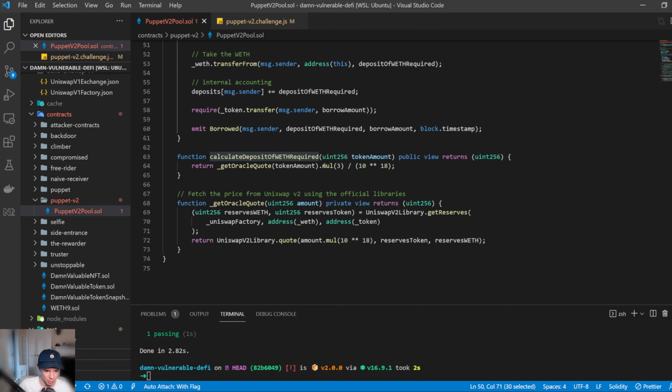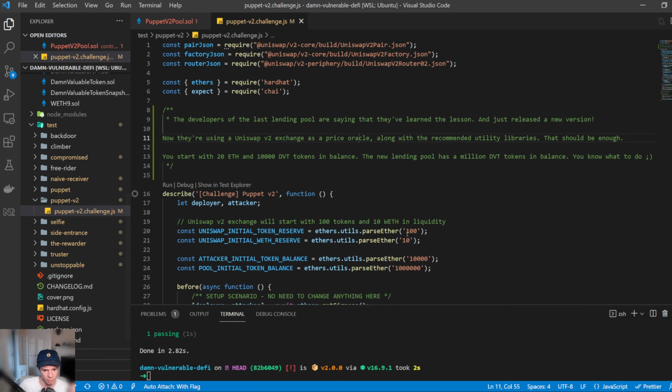Once it gets that price ratio, it multiplies it by 3. So if we have this token amount, how much is it going to cost? Then we multiply that by 3. If we had a 1-to-1 ratio, borrowing 10 DVT tokens would cost us 30 ETH. But in this case, we don't have a 1-to-1 ratio.